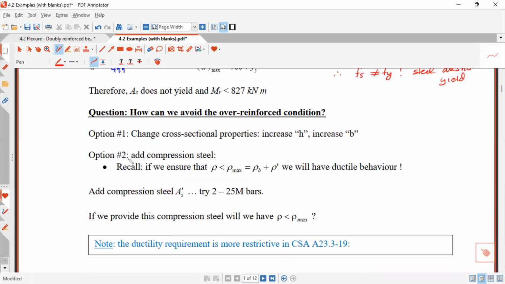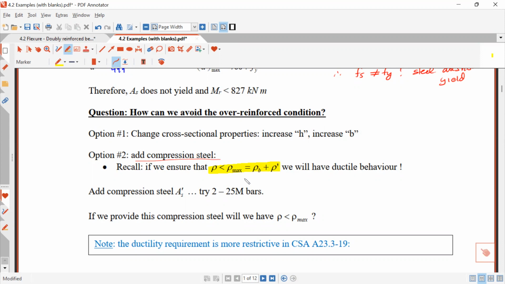Another option, if the beam dimensions are fixed, is you add compression steel. I didn't mention it in the theory, but instead of just having rho smaller than rho balance, we have this extra cushion when we add compression steel. So now we just need to ensure that rho is smaller than rho balance plus rho prime. We'll have ductile behavior if we ensure this.